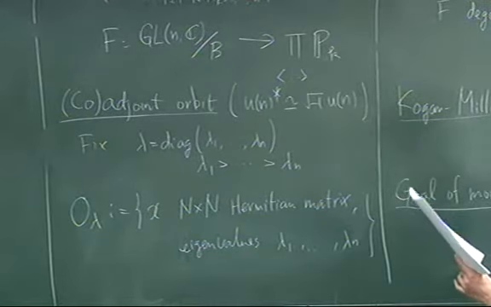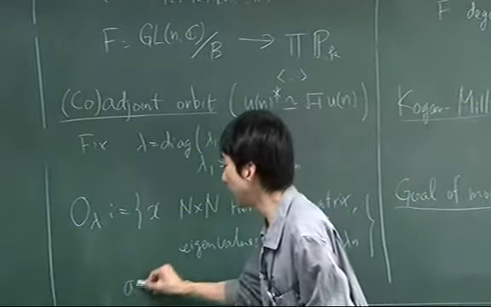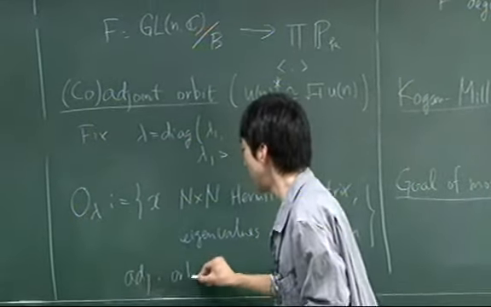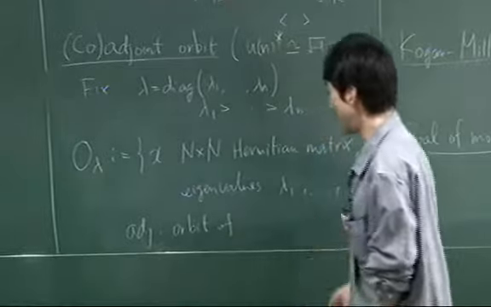This is the adjoint orbit of lambda by the action of the unitary group on this space.